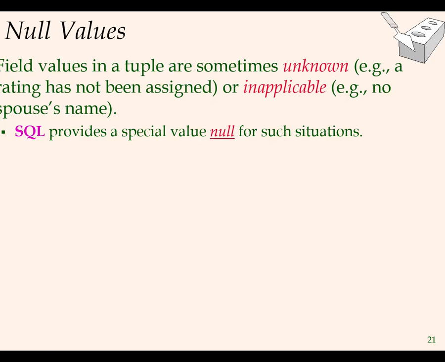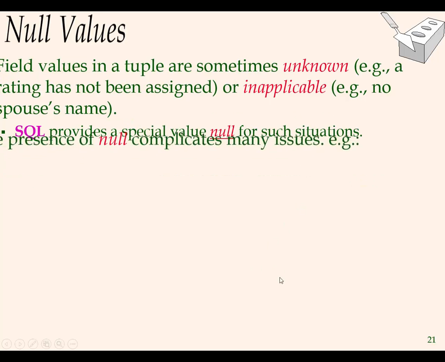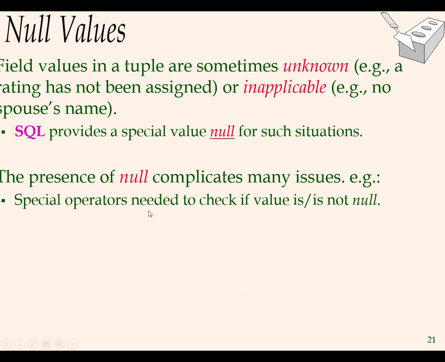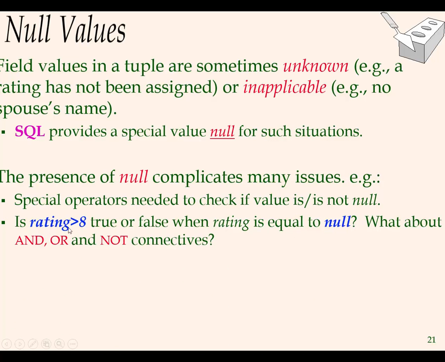Okay, null values represent unknown. Now that is a problem because in SQL, null creates a kind of a problem. So what's the semantics of the null? Again, checking, for example, if rating is greater than 8, true or false when the rating is null.